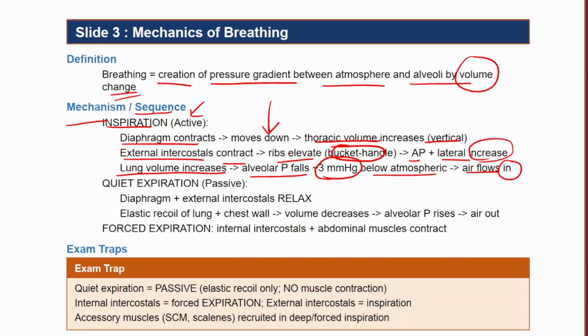Quiet expiration is a passive process where the diaphragm and external intercostals relax. The elastic recoil of the lung and the chest wall causes volume to decrease, alveolar pressure to rise, and air to move out. Forced expiration is an active process where the internal intercostals and abdominal muscles contract.